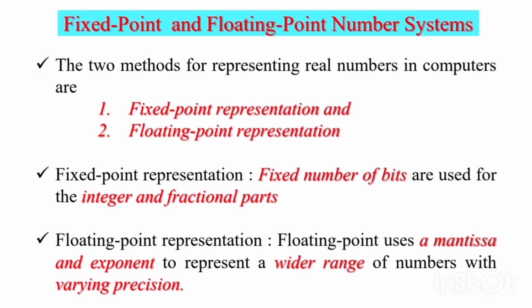In floating point representation, we have a mantissa and an exponent to represent a wider range of numbers with varying precision. So varying precision is possible with this. There is a sign bit, then an exponent, then the mantissa.